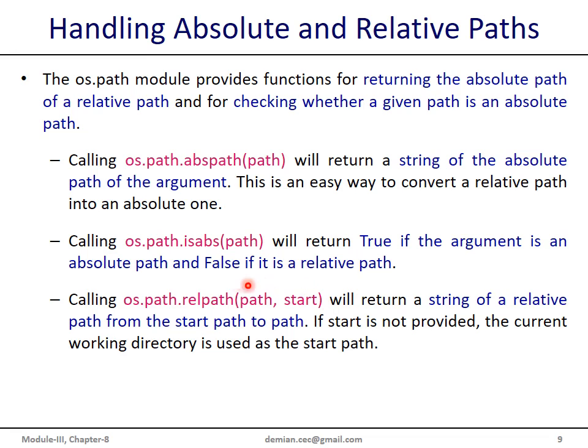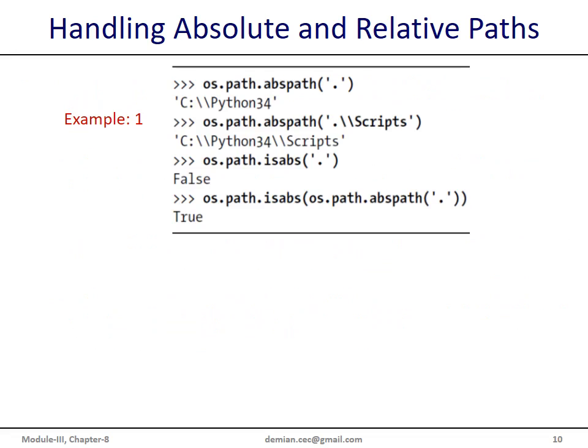These arguments can be considered as the location of the current working directory or folder, and the other folder where we want to create the relative path from one folder to another folder. Let us take up the examples.